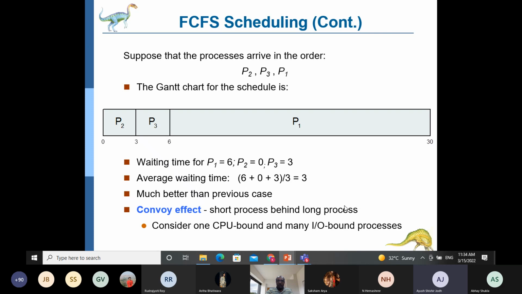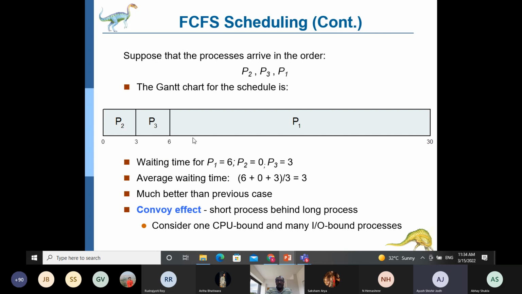In this case, we can experience that the overall waiting time will be very large, because when the CPU bound process is executing, the IO completes and all these IO processes will be waiting for the CPU's turn.